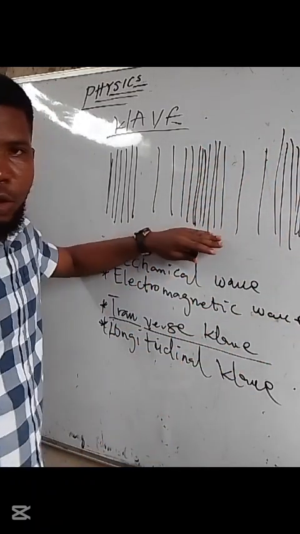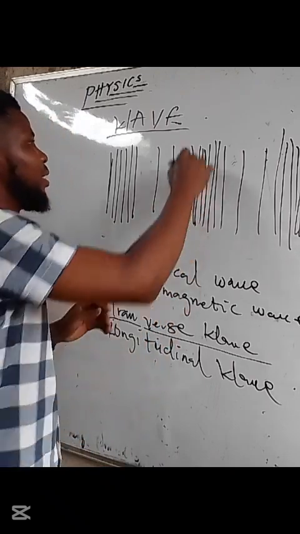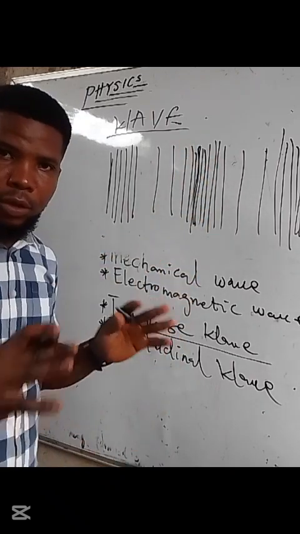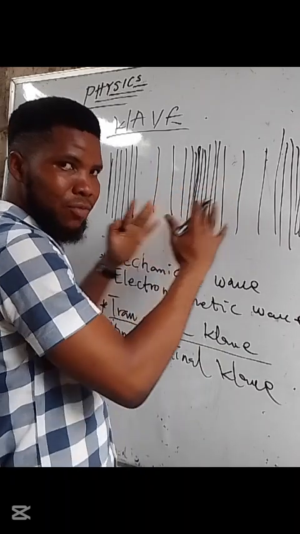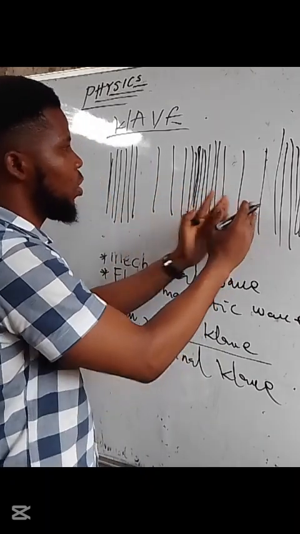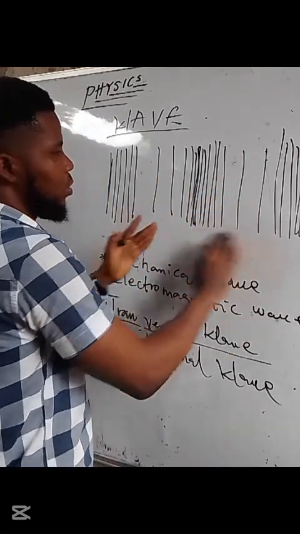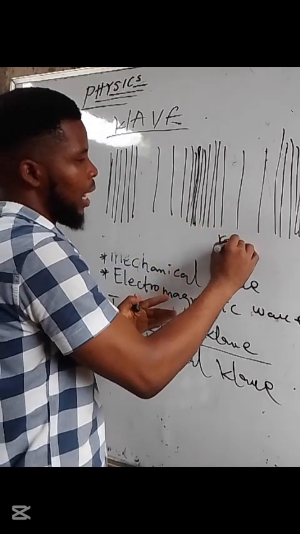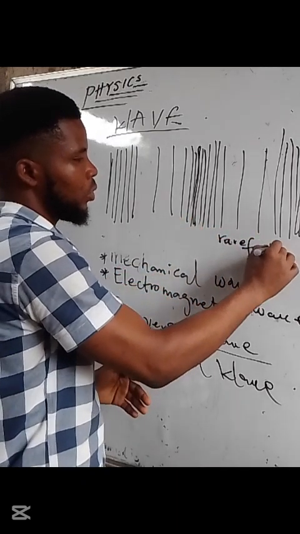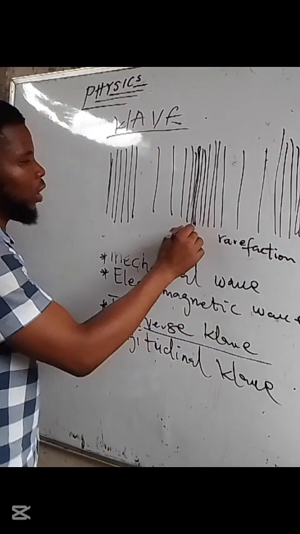Now, if you notice my diagram, you can see that there is a point where there is more compression. What's happening here is that sound travels through air. The air column compresses and releases, compresses and releases. So this is the point of rarefaction, and this is the point of compression.